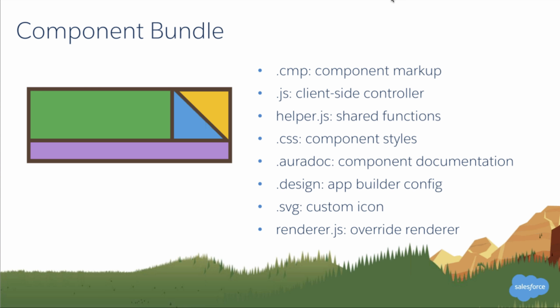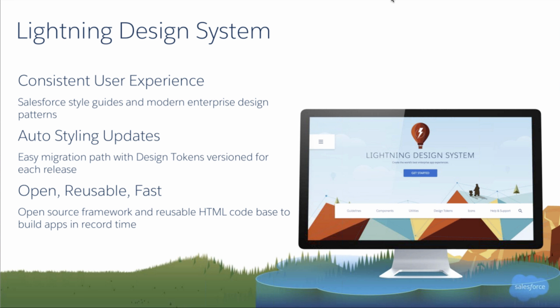So use with caution for renderer. Yeah, use with caution. Again, almost every time we have come across it, it just wasn't necessary. Okay. But it is part of the component bundle, so I want to make sure I can explain it to everyone on the call.